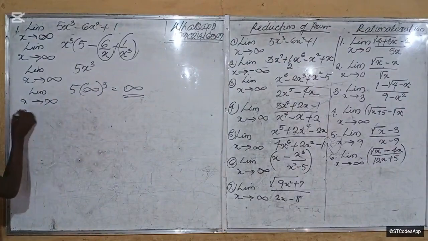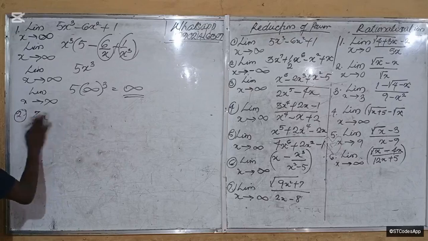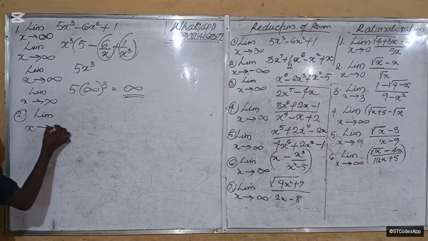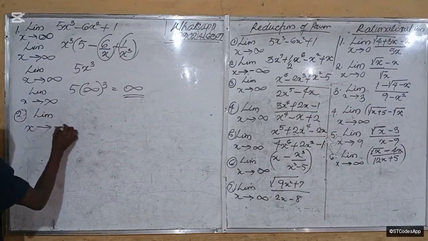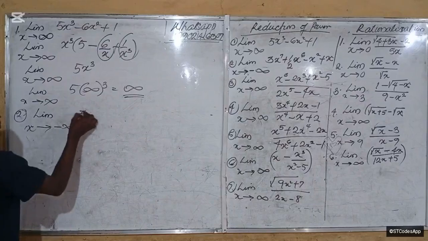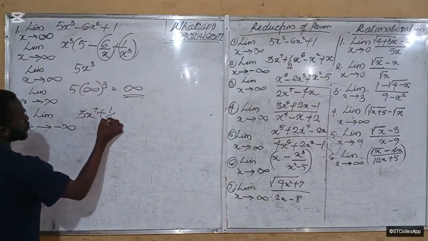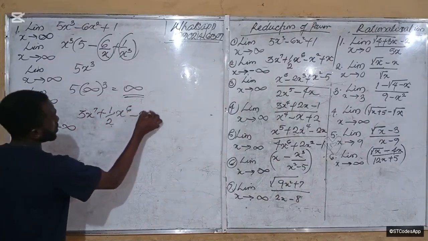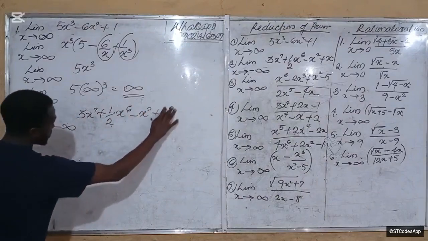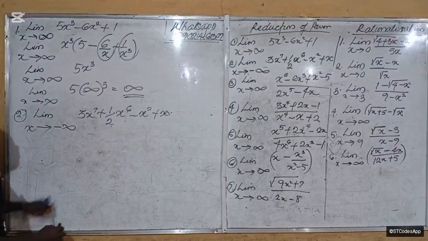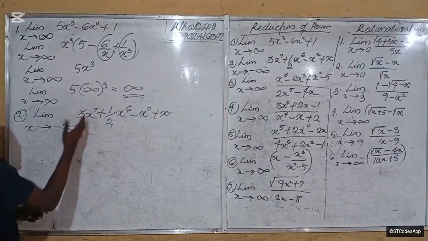Then number 2 says that we should evaluate the limit as x tends to negative infinity of 3x to the 7th plus 1 over 2x to the 6th minus x squared plus x. Now, we're going to use the same approach, factor out the highest power.